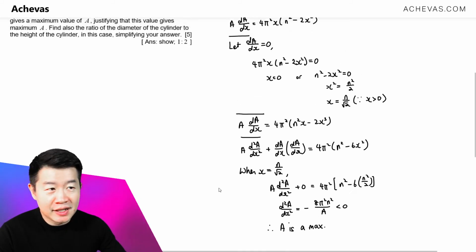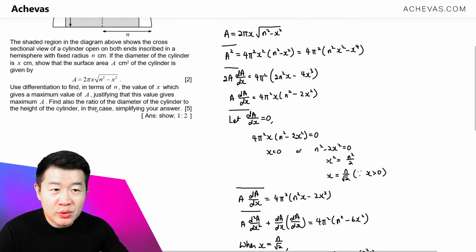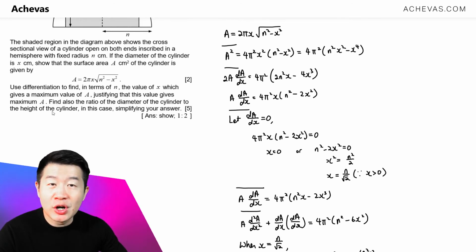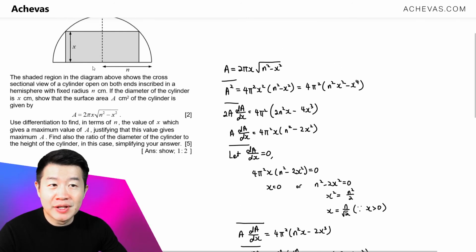And we want to do one last thing according to the question. We want to find the ratio of the diameter of the cylinder to the height of the cylinder when A is a maximum. So the diameter of the cylinder is n over square root of 2. Let's try to find the height of the cylinder in terms of n.